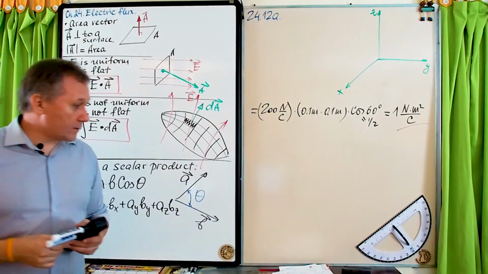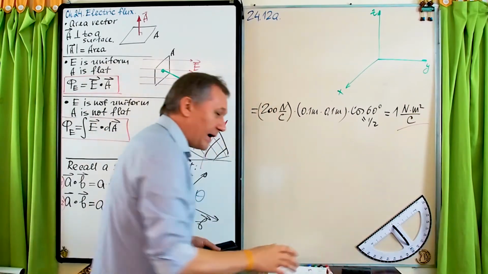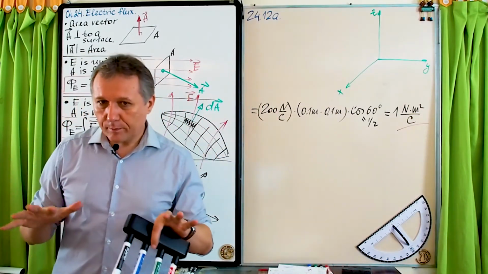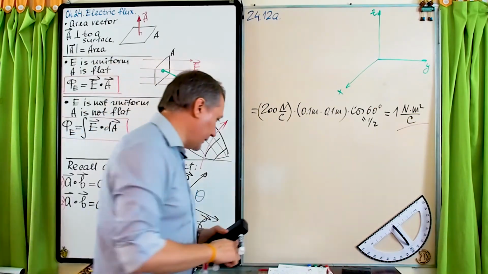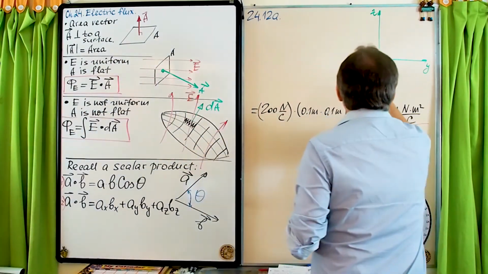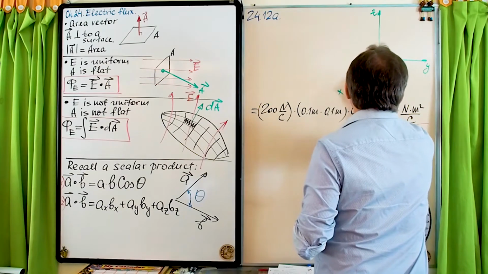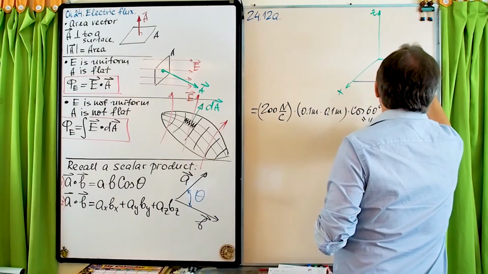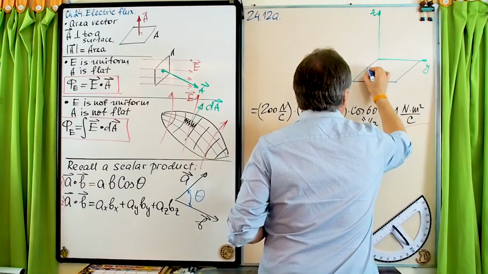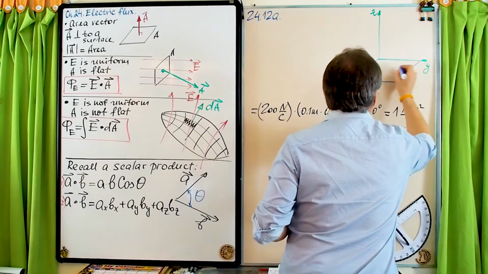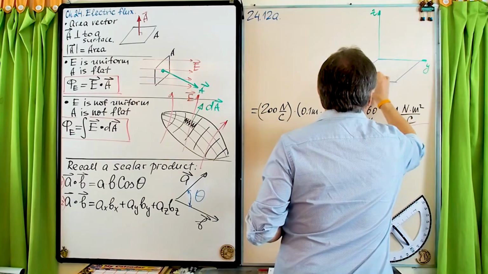So let's start with the surface. The surface lies in the xy plane. Again, the flat surface lies in the xy plane. Let me draw it here. So that's our surface. Maybe I even highlight it slightly.